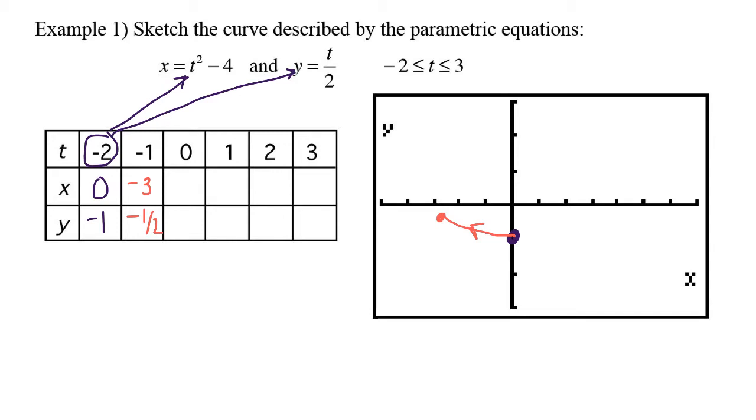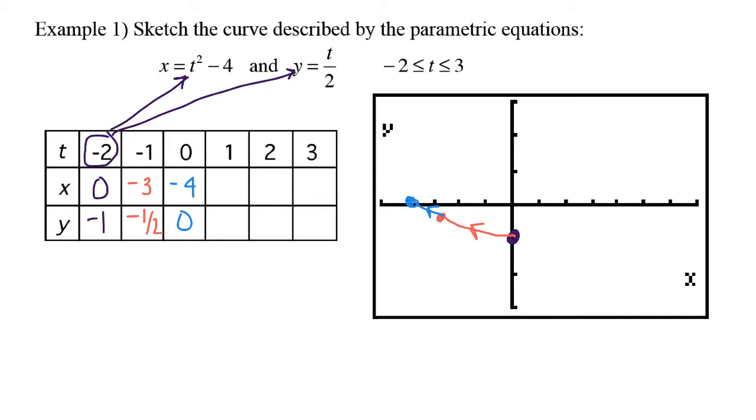Then we continue this pattern of filling in our t-chart. We're going to fill in 0, so I have -4 and 0. So I would plot my point -4, 0. And I'm going to continue my curve, and I need to draw in that arrow.